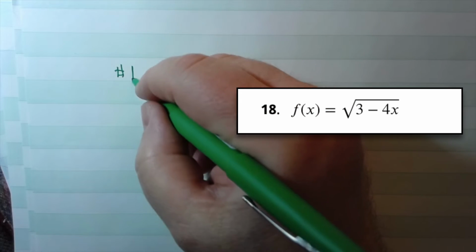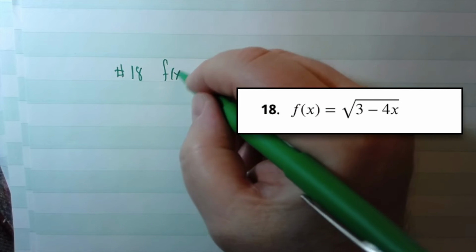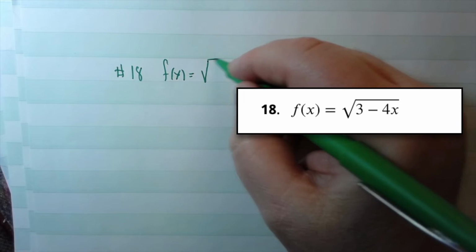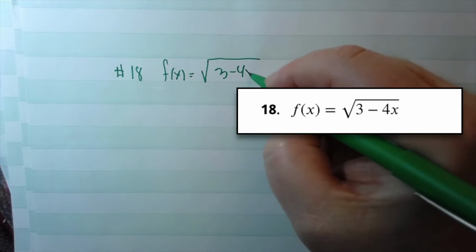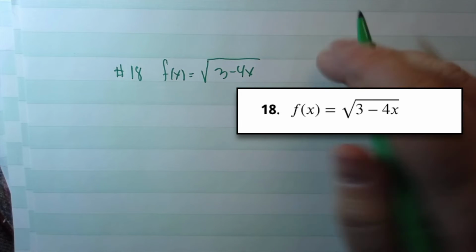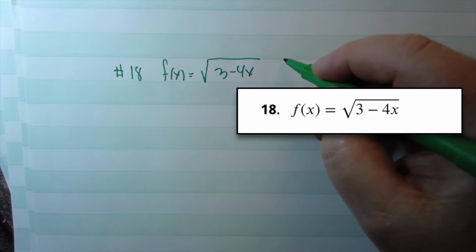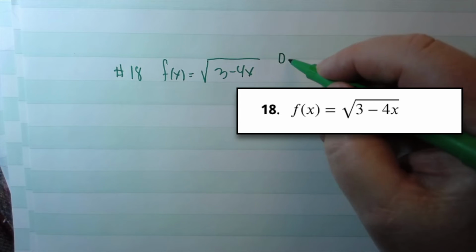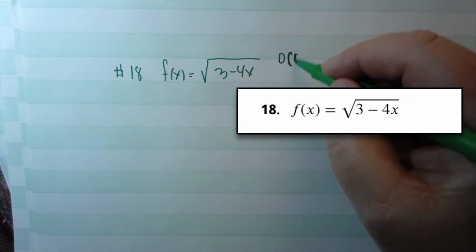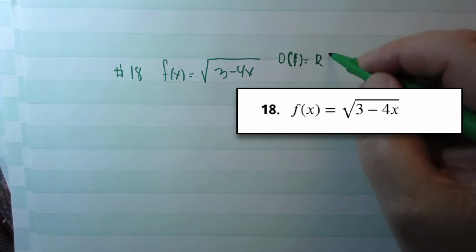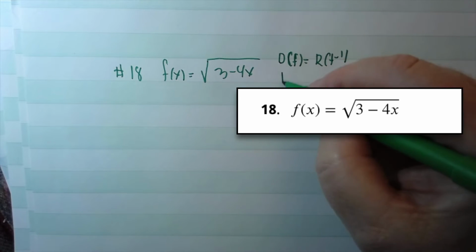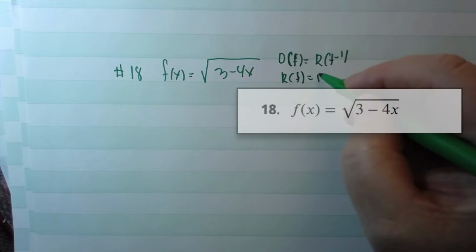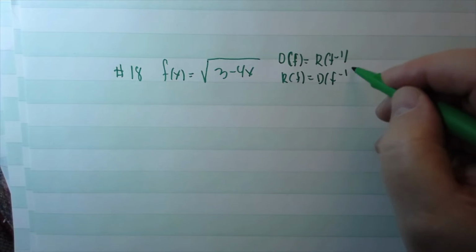All right, so let's try number 18. f of x is equal to the square root of 3 minus 4x. So one of the key things we have to be careful of is about domain and range. But remember, the domain of f is equal to the range of f inverse, and the range of f is equal to the domain of f inverse.